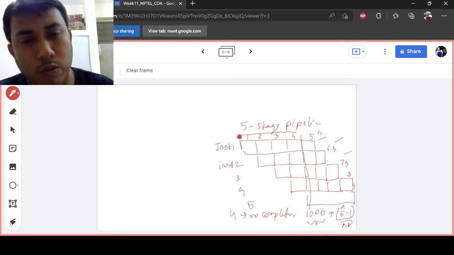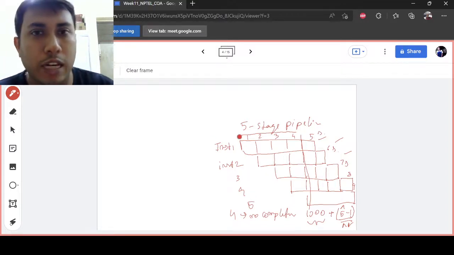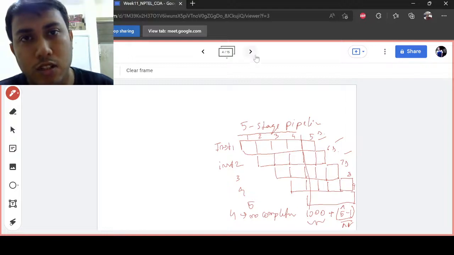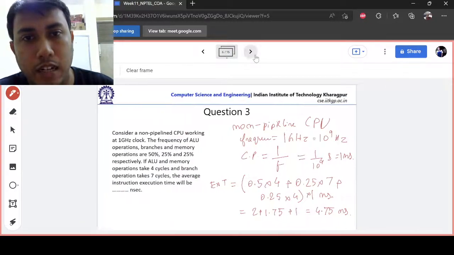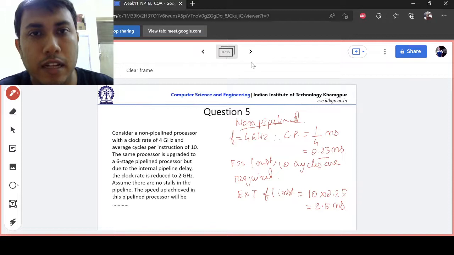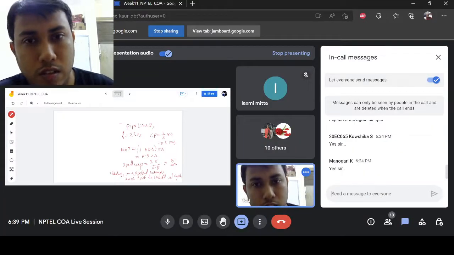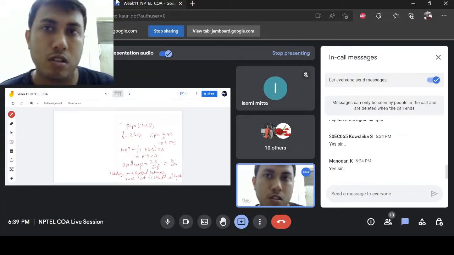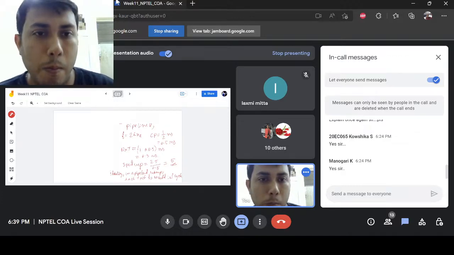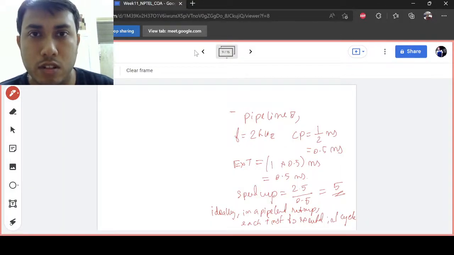So we can just assume that mathematically it is almost equivalent to one instruction getting executed in one cycle. From there this observation comes, that ideally in a pipeline setup, each instruction is executed in one cycle. Any doubt regarding this?